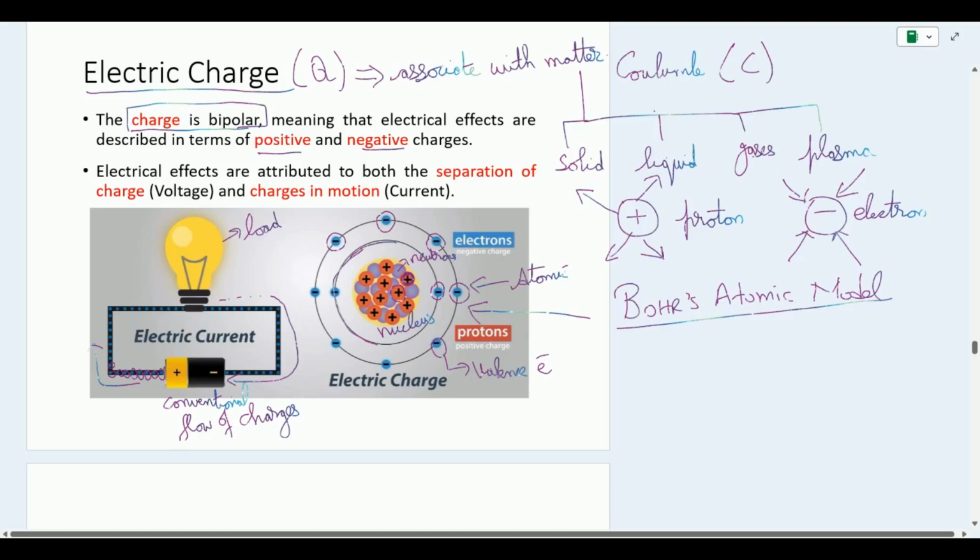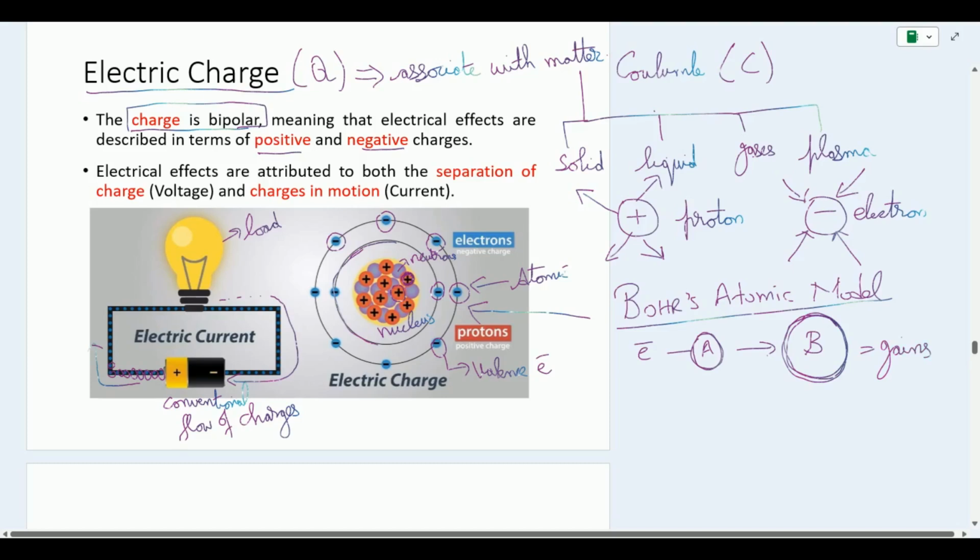What happens in this scenario is that whenever an electron moves from, let's say, point A, a certain orbit at the lower energy level, to point B, a higher orbit level, it gains energy.